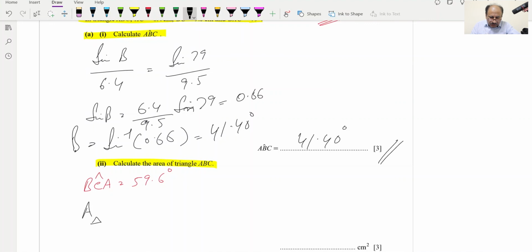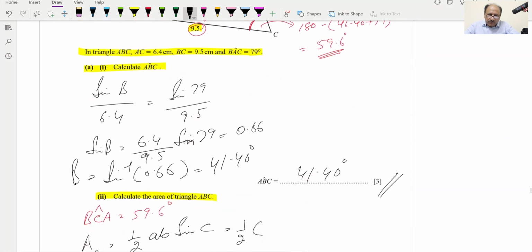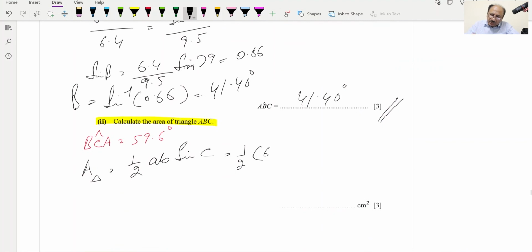Now we can use the area of a triangle. Area of triangle is equal to 1 by 2 ab sine C, which is 1 by 2, and one side is 6.4 and the other side is 9.5, so 6.4 into 9.5, and sine C means sine of 59.6 degrees.